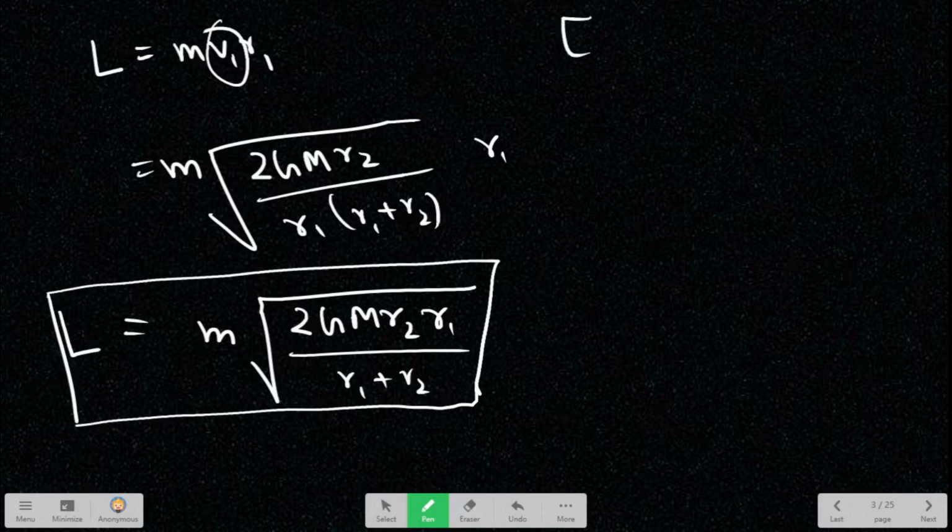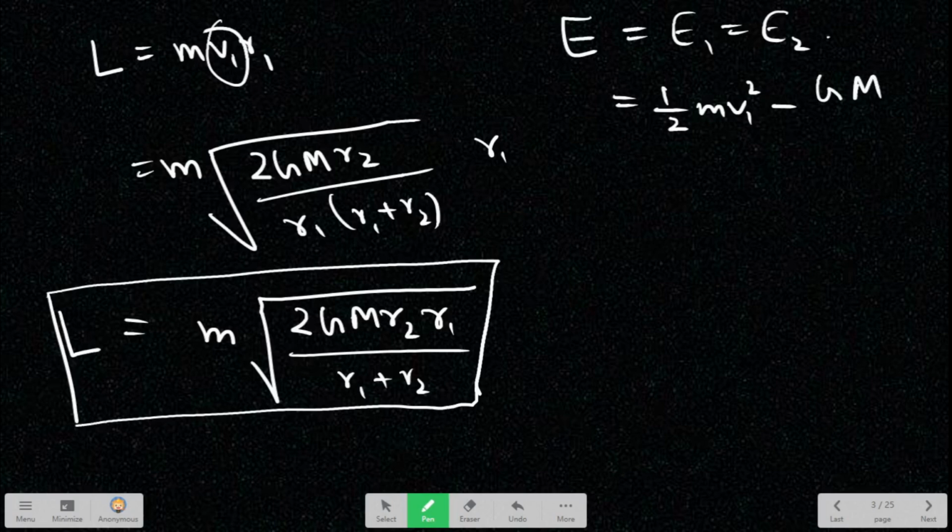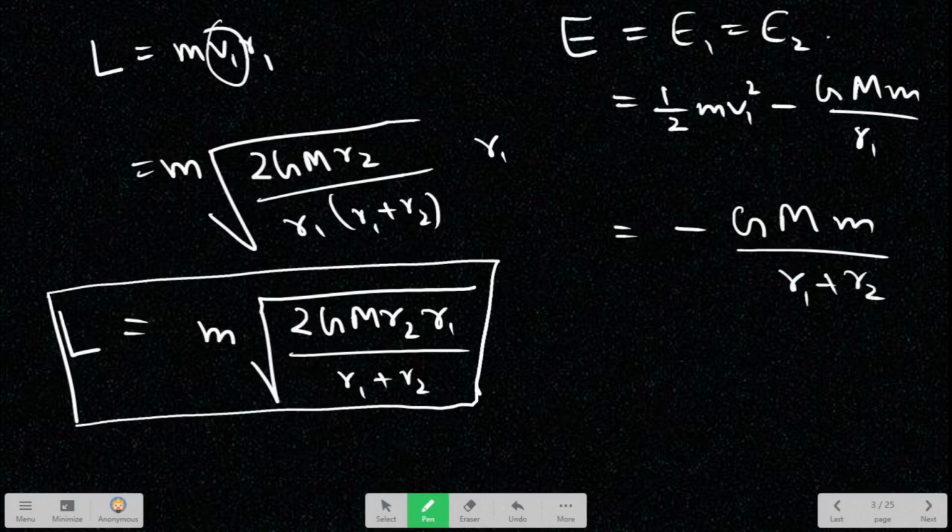For energy, E is equal to E1 is equal to E2, because energy is also conserved. So E1 is equal to half m V1 square minus G M m by R1. If you put the value of V1 in this equation and solve it, you will get E is equal to minus G M m divided by (R1 plus R2).